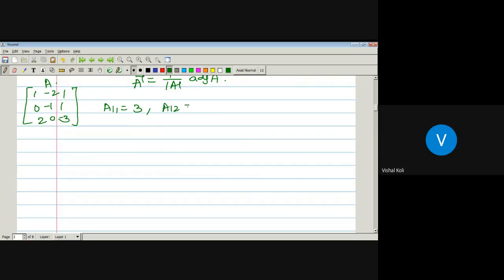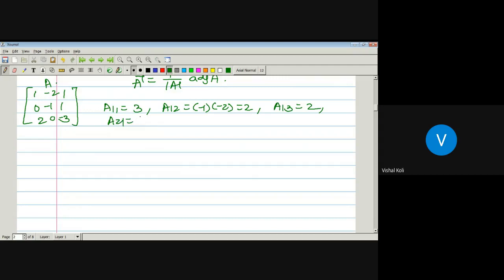A12 is equal to minus 1 to the power 3, which is minus of 1 into its minor, minus of 0 minus 2, which is minus of 2 minus 1 minus 2 minus plus. A13 is equal to minus 1 to the power 4, which is plus 1 into 0 minus of minus plus 2.